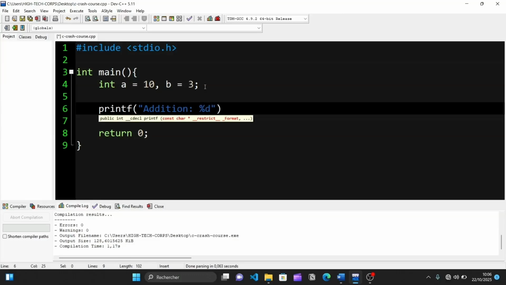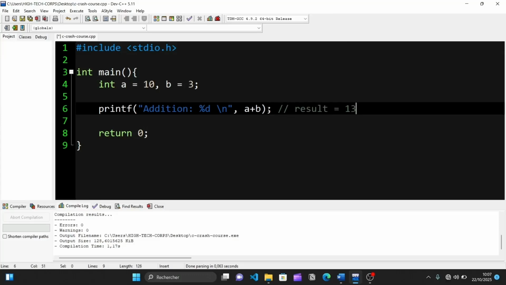This %d is going to be the result of the addition of A and B. So I will come after my closing double quote, and here I can write something like A plus B. Now this A plus B is going to represent the result of the addition, and since A and B are both integers, the result is going to be an integer, and this result is going to replace our format specifier of %d here when we run the program. So we know that A is 10 and B is 3, so our result is going to be 13.